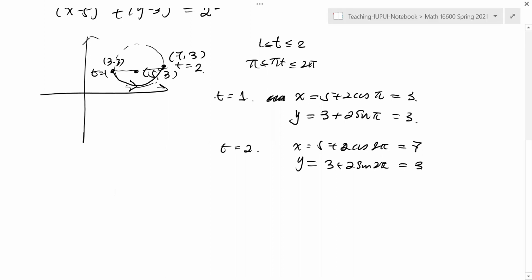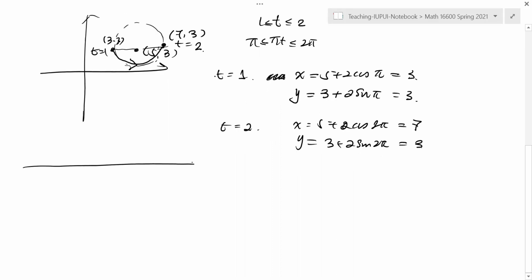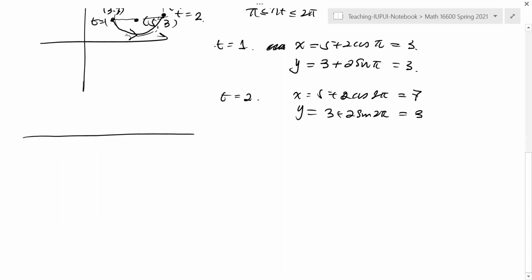All right. Now, to parameterize a curve in this space, sometimes we use an angle. The typical example is a circle.